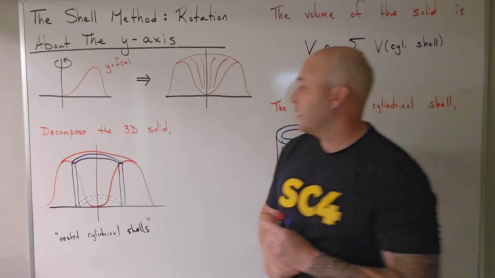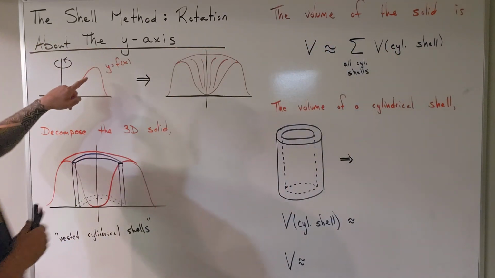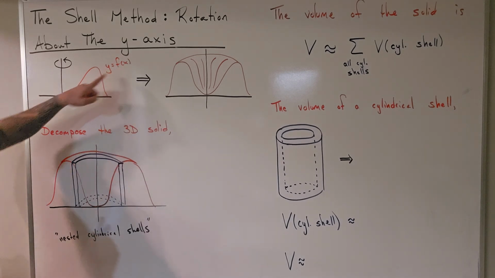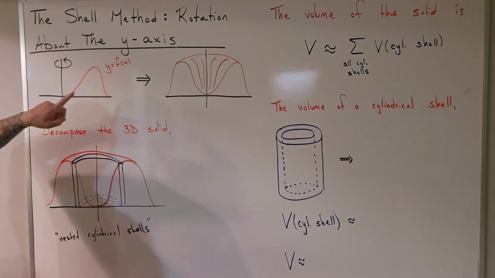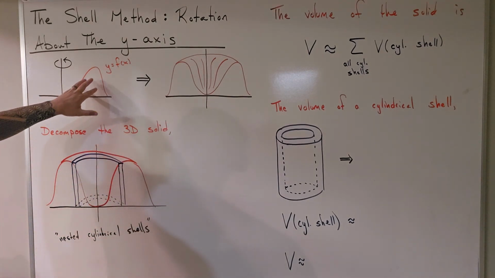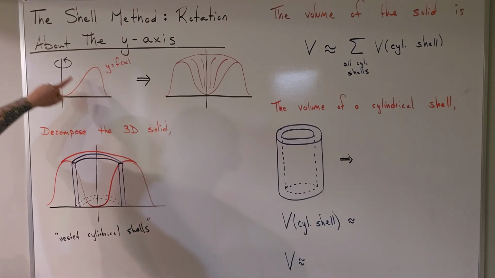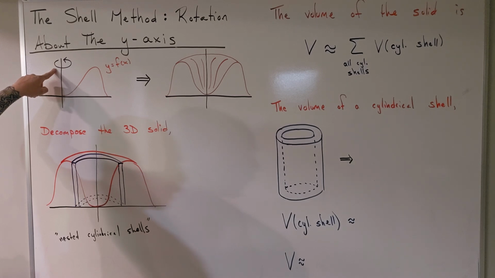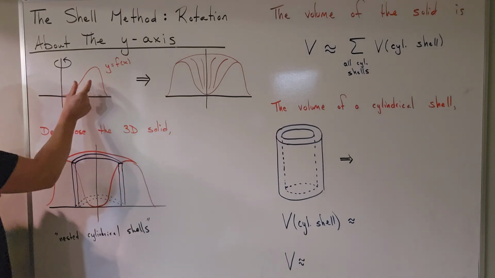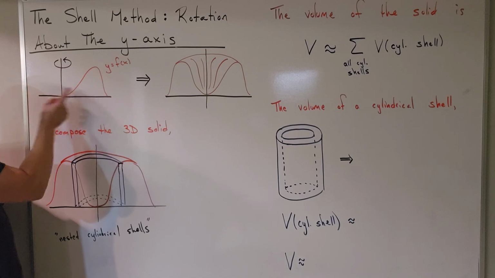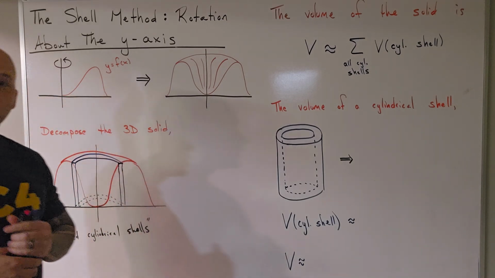Okay, so let's take a look at how this works. Suppose I have a graph of a function y equals f of x, something along these lines, and I take the area bounded by the graph and the x-axis, and I rotate that about the y-axis. Again, you imagine that this is spinning around, creating this three-dimensional solid.